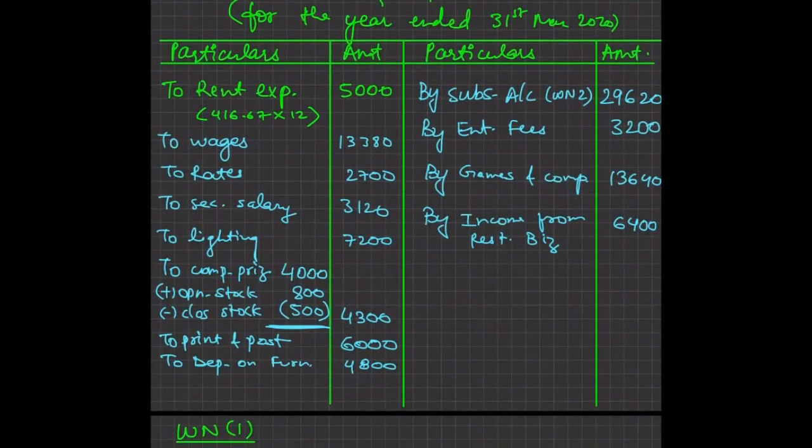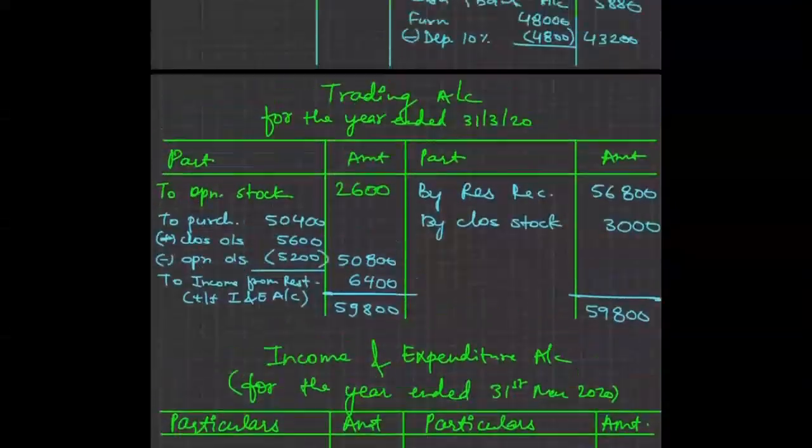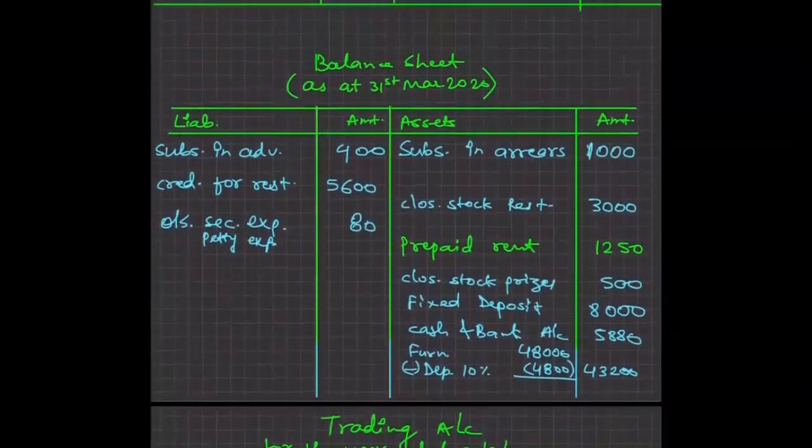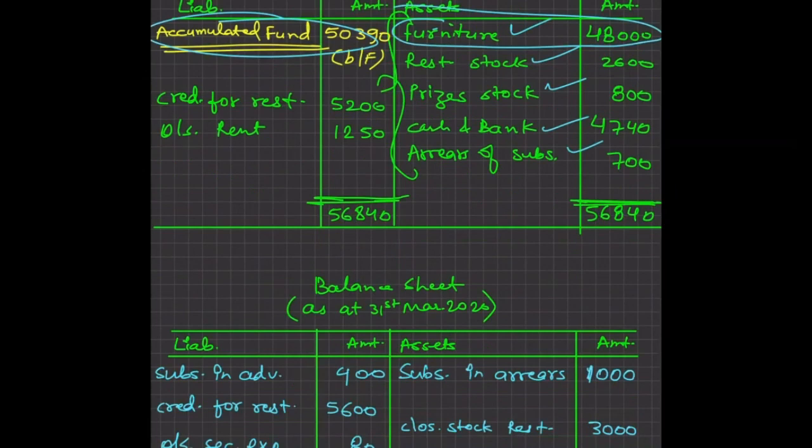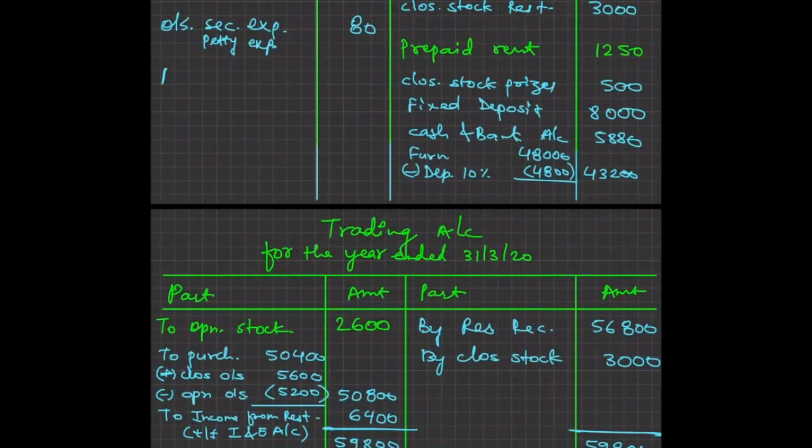Okay. Now let's again review our opening balance sheet. So we have taken the furniture, restaurant stock is considered, prices stock is considered, cash and balance is considered, subscriptions are considered. Here we had the accumulated fund of 50,390. Here also I will write the accumulated fund of 50,390.